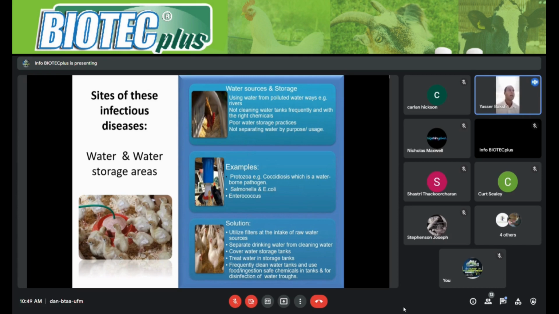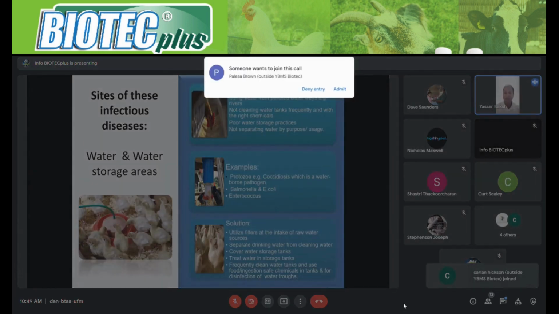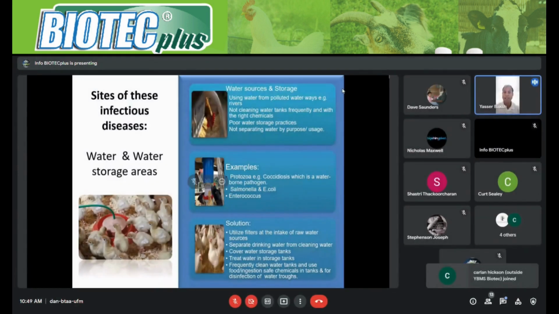So we talked about the polluted waterways. What we want to do, guys, first of all, is identify where you're getting your water from. Do not use water from stagnant water. Your waterways must always have some form of water pump that is aerating the water itself.